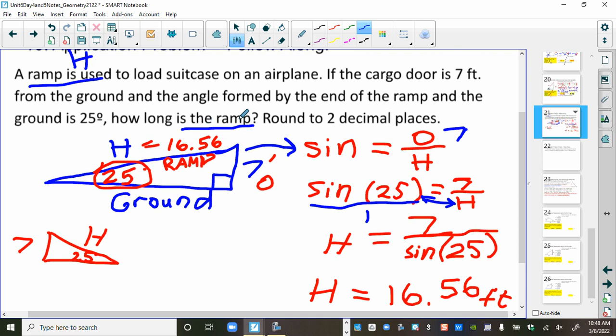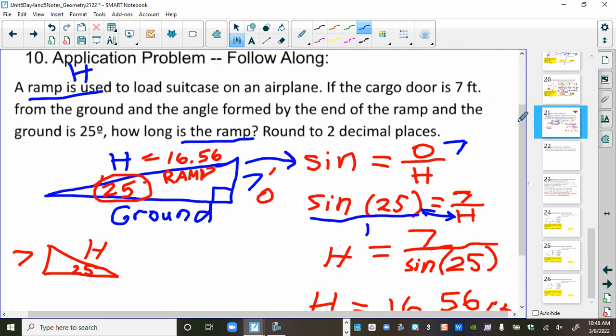You got to figure out what we're looking for, what we're trying to find. Okay, any questions on that one? The other one's a similar problem. So we ready to see that last one, and then we're going to talk about inverses real quick. The inverses aren't going to take long at all.